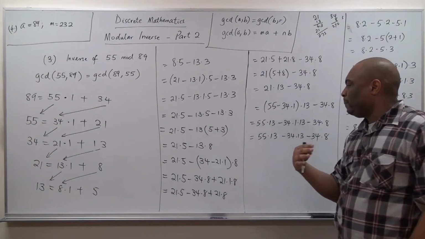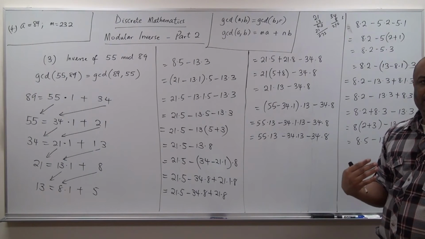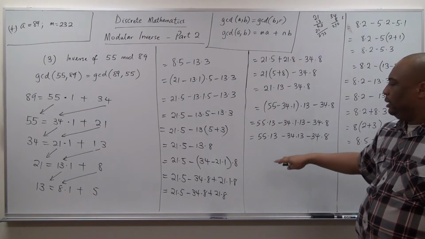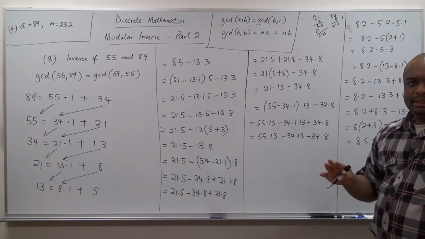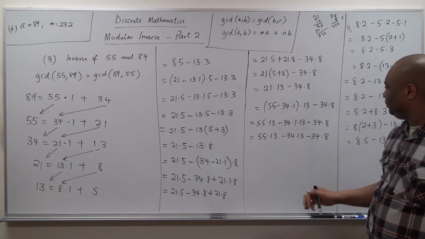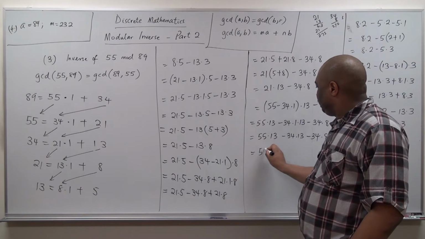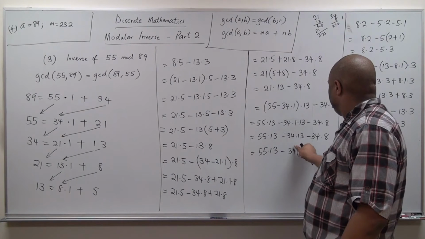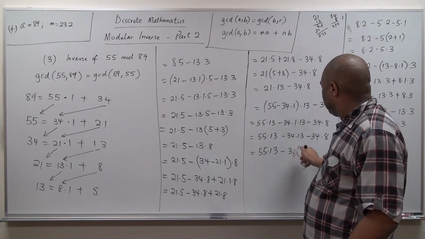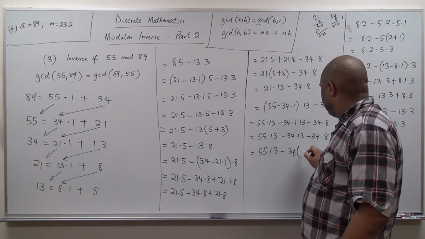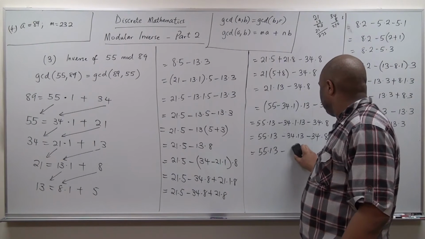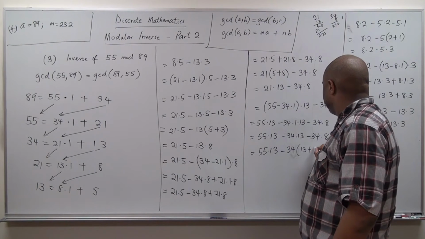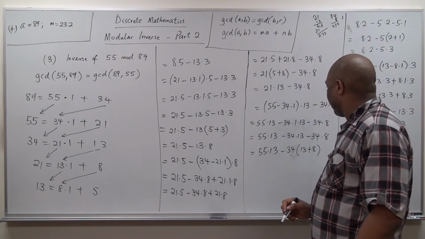I try to keep it in twos, always the product of two numbers. So this is 55 times 13 minus 34 times (13 plus 8), right?